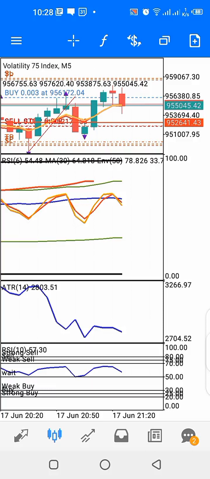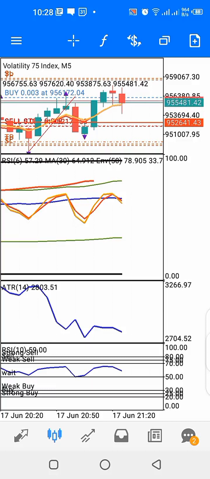Now for this particular video, as we are at this point, the bears and the bulls are struggling to have dominance on price. Right now price is showing some bullish strength. It's starting to go up towards the take profit of my buy order.